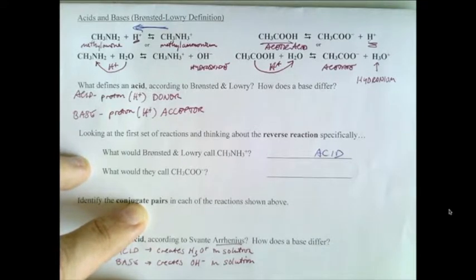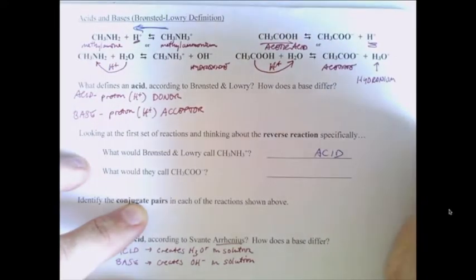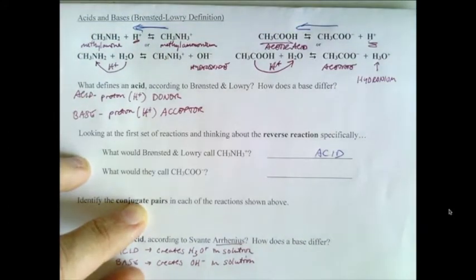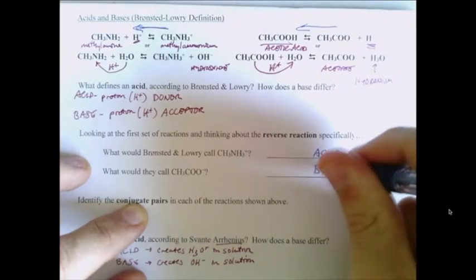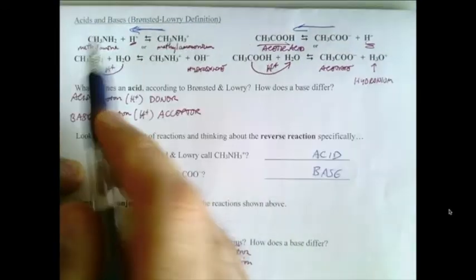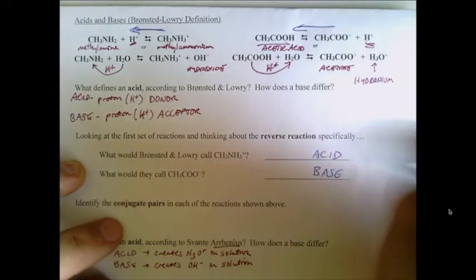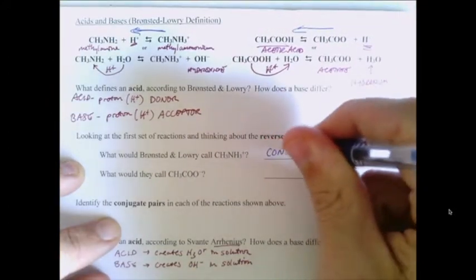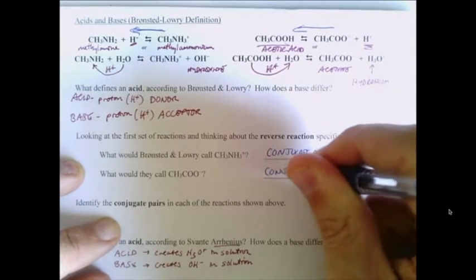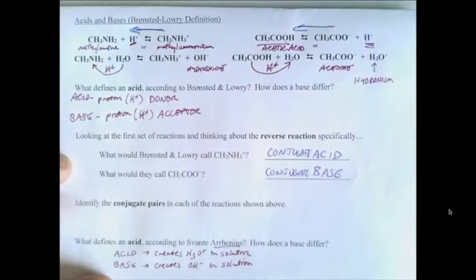And by the same token, I would call acetate over here, if I'm going in reverse, picking up an H plus, and therefore that would be acetate acting as a base. Well, the words we're going to have for these kinds of acids and bases, the ones we make from other identifiable things, is we refer to them as the conjugate acid, or the conjugate base of the thing that we made them from.